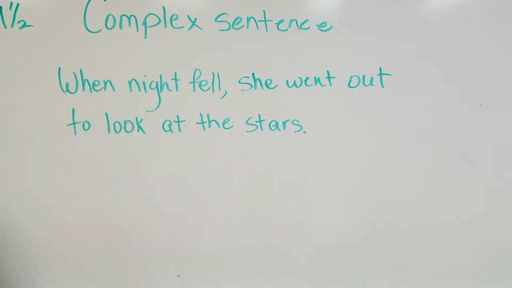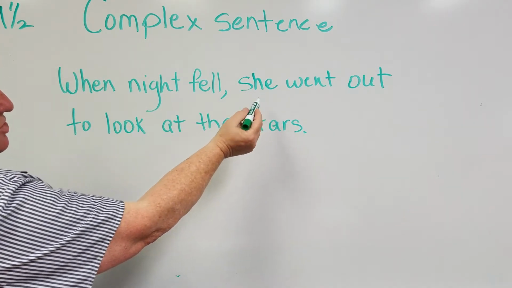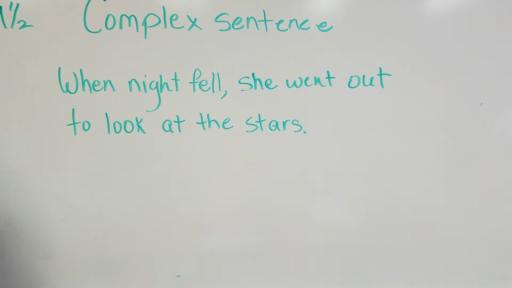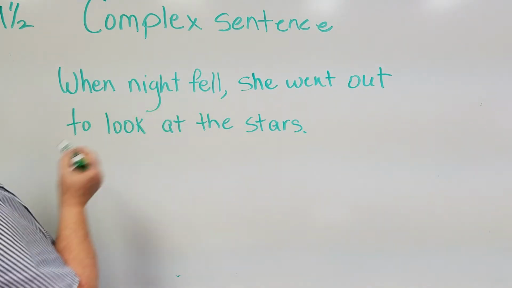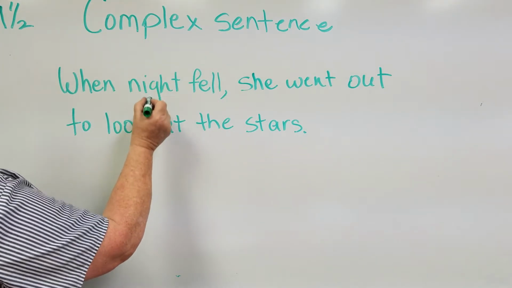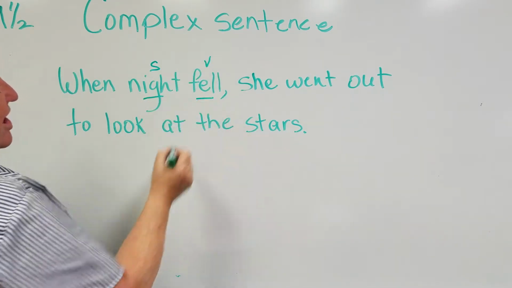The reason I say that is because this sentence has the main clause, she went out to look at the stars, which could be a simple sentence by itself. But then you have when night fell. Now the reason this is a clause, when night fell, is because it has a subject and a verb. Night fell.